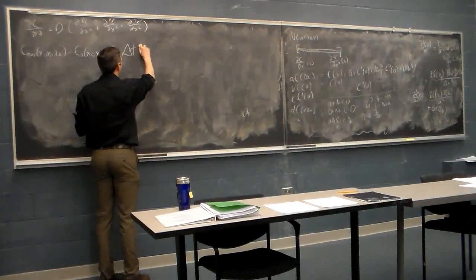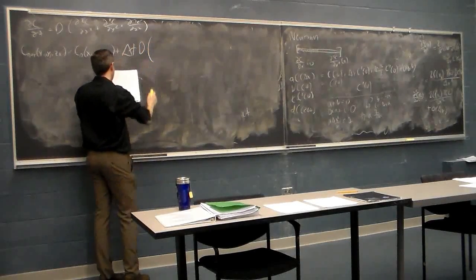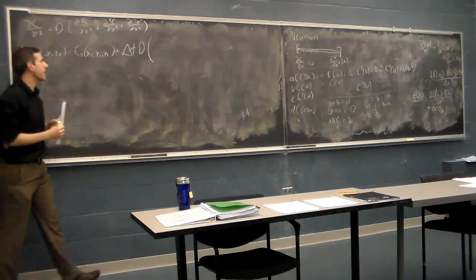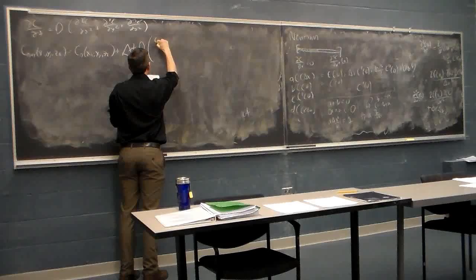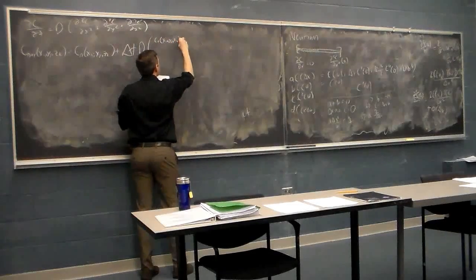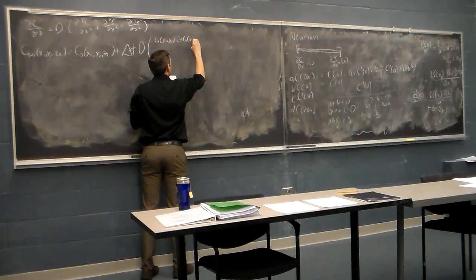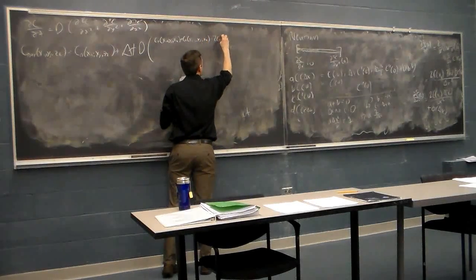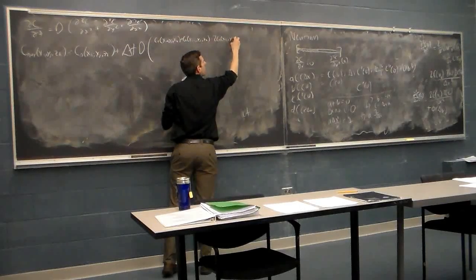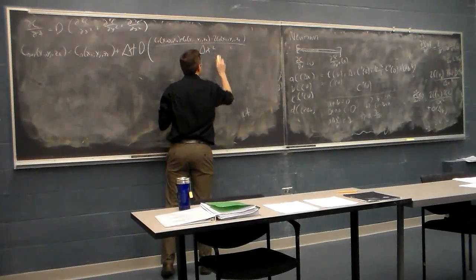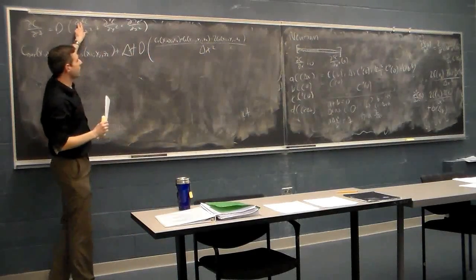And that is given by the spatial approximation D times, first of all, the approximation to d²c/dx², which now becomes c sub n at xi+1, yj, zk plus c sub n at xi-1, yj, zk minus 2 c sub n at xi, yj, zk, over delta x squared. So that is the approximation to this thing.